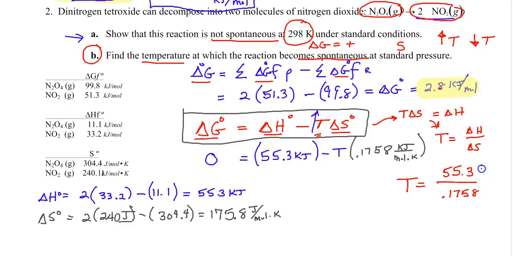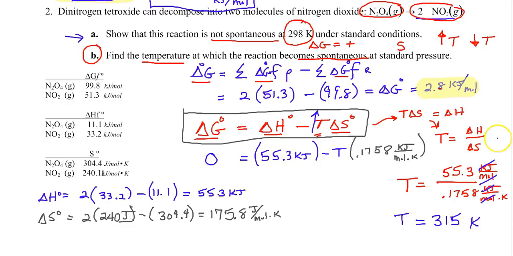If you look at the units, kilojoule per mole, and this is kilojoule per mole Kelvin, you can see, party poopers, that the kilojoules go bye-bye, moles go bye-bye. You're left with 1 over Kelvin, which becomes a Kelvin. So 55.3 divided by 0.1758 gives me 315 Kelvin.